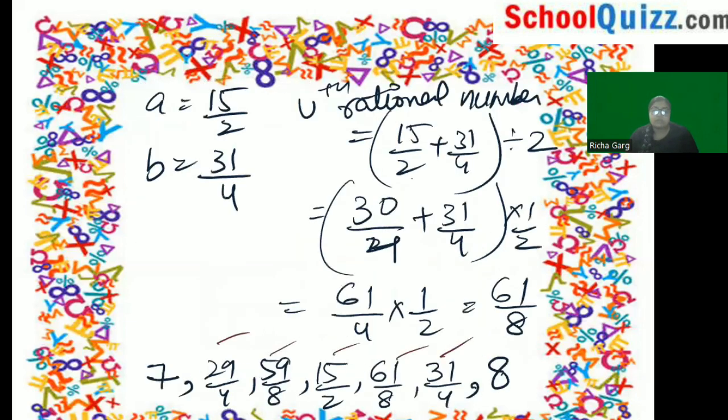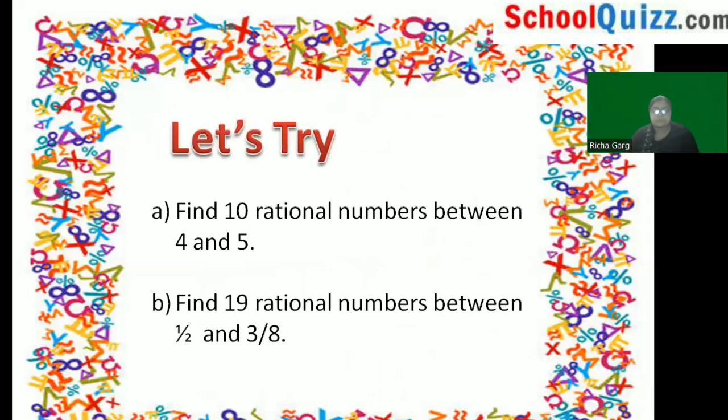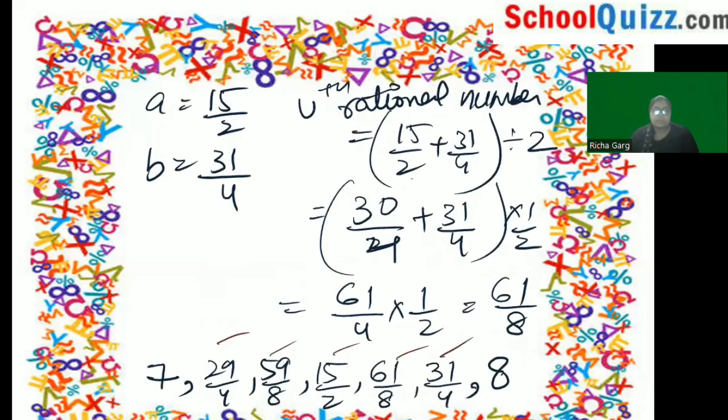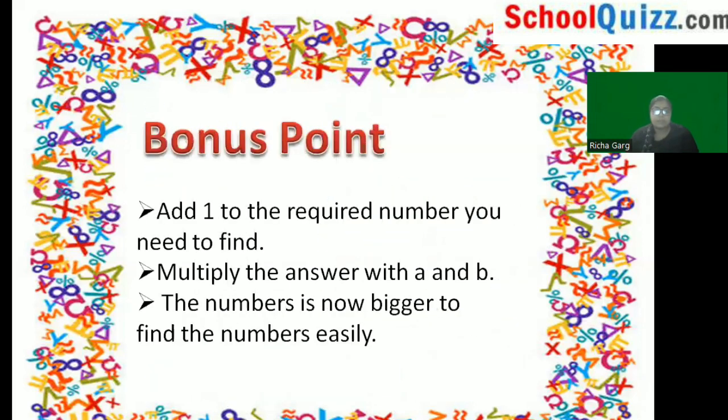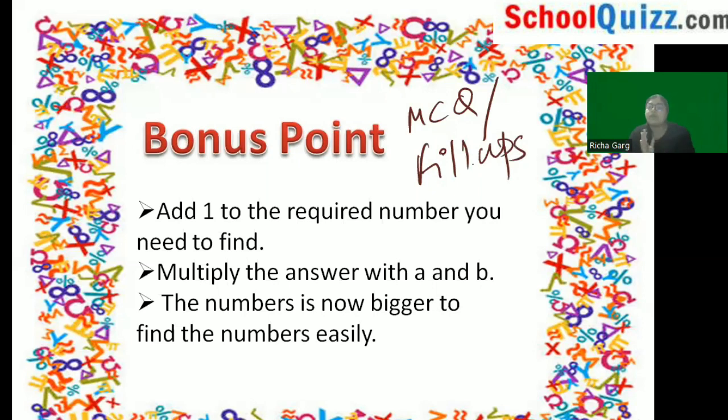Let's move on to the next segment. So we have a bonus point to consider here. What I do when I have to give answers in the MCQ or fill-ups, where I do not need to show how I calculated the answers, is a very quick bonus point.